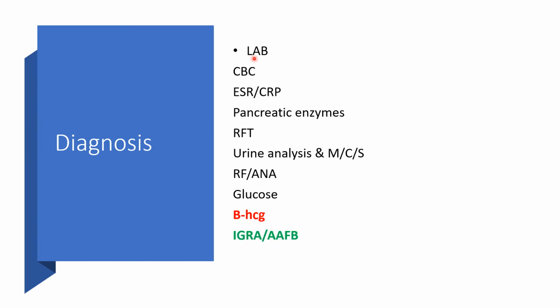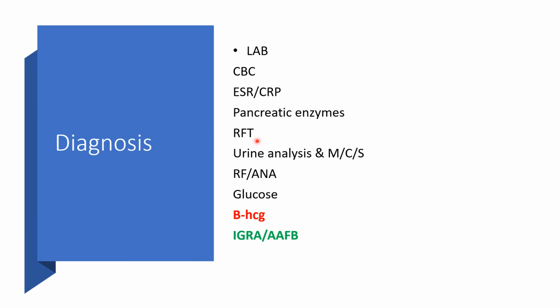Now we're to the lab. Complete blood counts. We want to know if there's anemia or signs of infection. ESR, C-reactive protein, pointing to inflammatory process that is ongoing here. Pancreatic enzymes, we'll be talking about pancreatitis and pancreatic cancer, right?